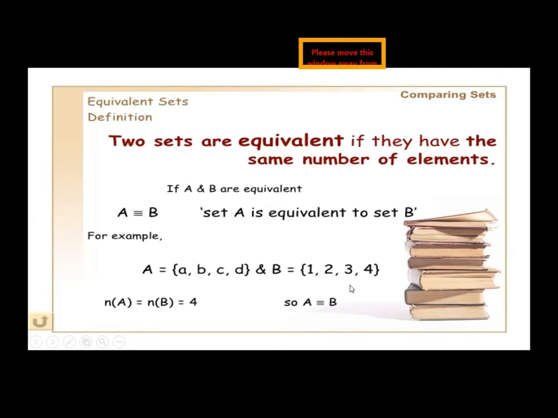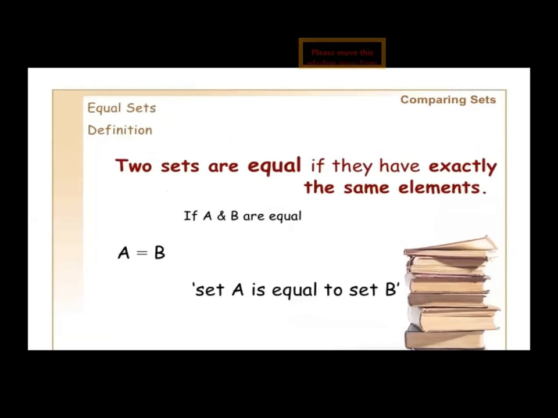It is not necessary that the same members are present in these sets, but the number of elements is the same, so we consider this type of set an equivalent set. Now, the equal set. What is the definition of an equal set? Two sets are equal if they have exactly the same elements.